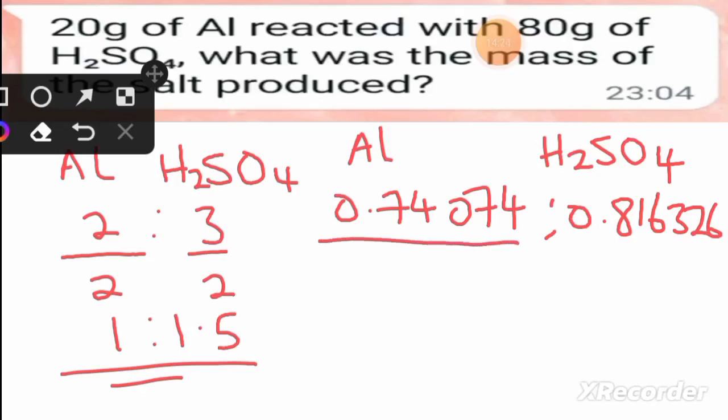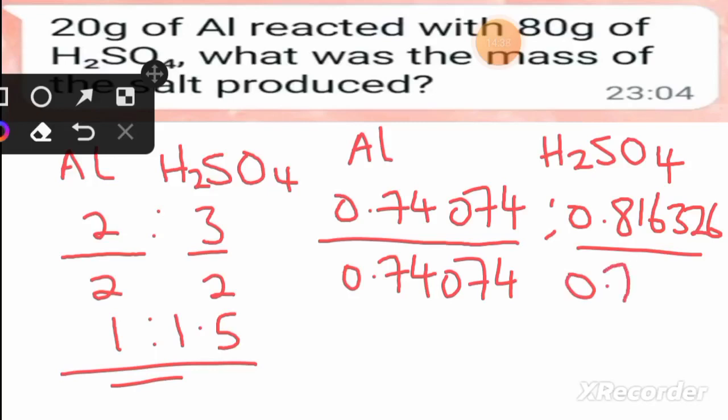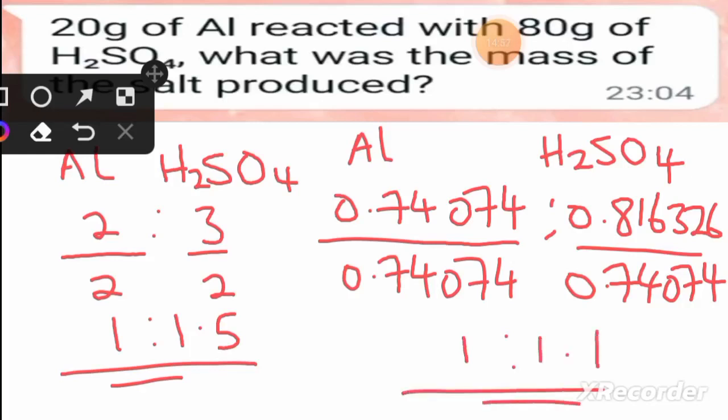We are going to divide both sides by the smallest number, which is 0.74074. So we are going to have the ratio, which is 1 to 1.1.